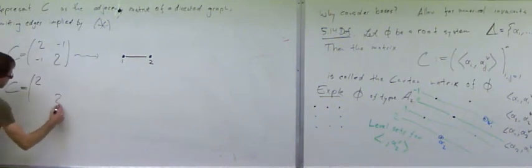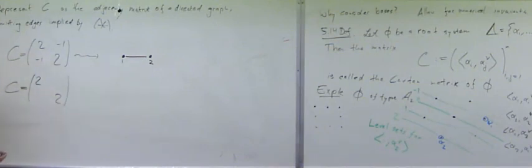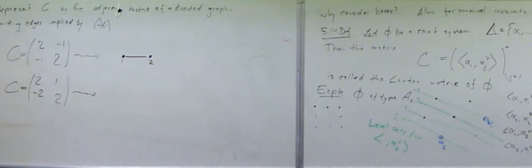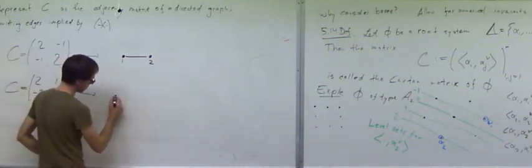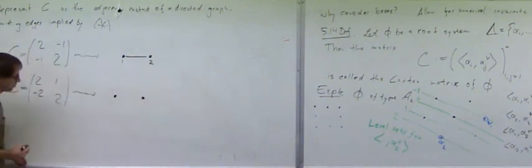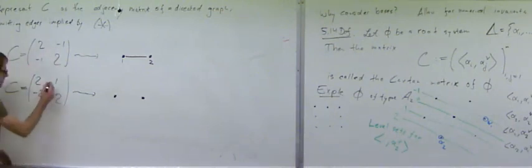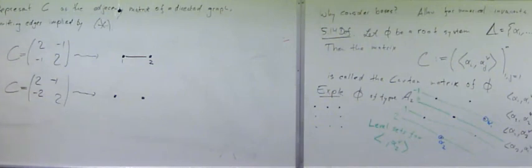Say our Cartesian matrix would look like this. So, well, what's the graph? Again, it's a 2 by 2 matrix. So I need 2 vertices.